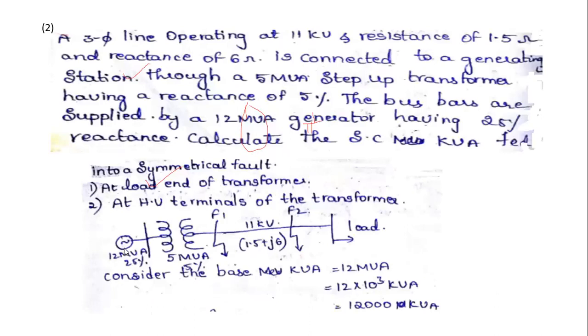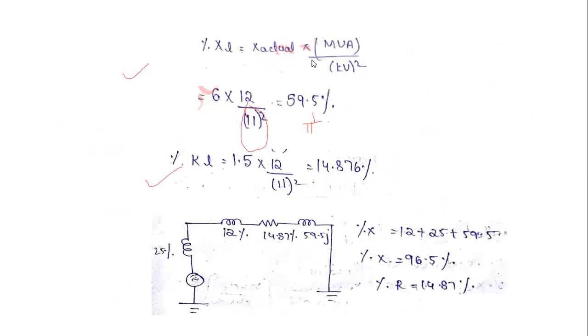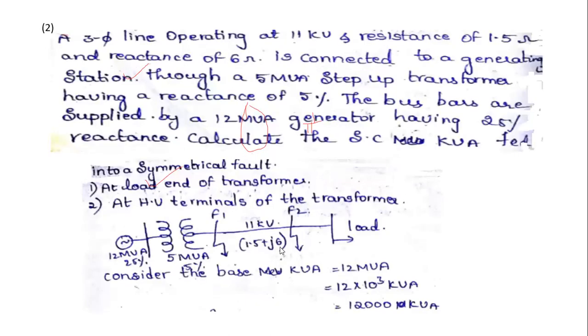When the generator and the transformer values are represented in the percentage, then we are using this formula. If the reactance values are represented in the ohms, we are using this formula, that is X actual. What is the actual reactance for the transmission line?